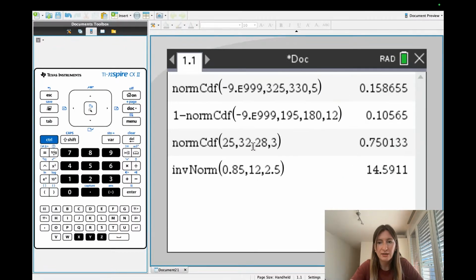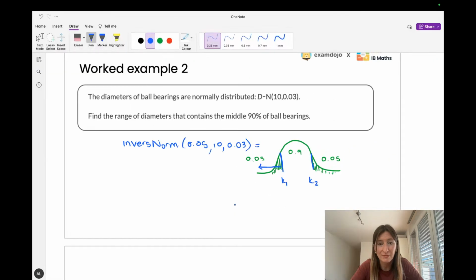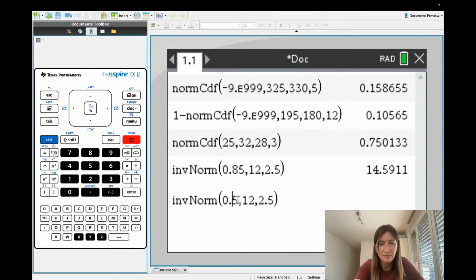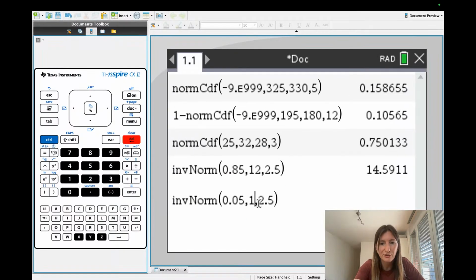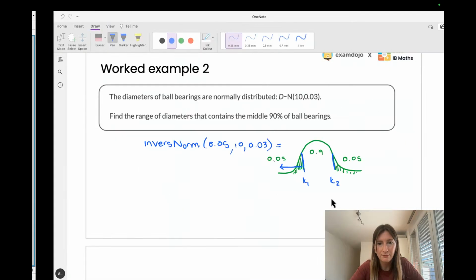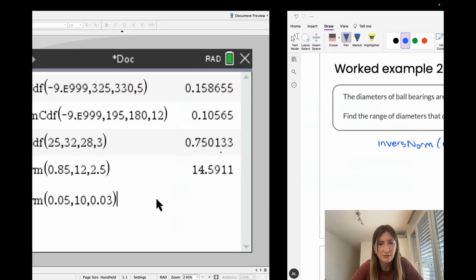A little shortcut is instead of going all the way through the menu, you can just select the previous one, press enter, and then change the values. That can sometimes save some time. 10 and 0.03, just make sure you do them in the right order. 0.05, 10, and 0.03.